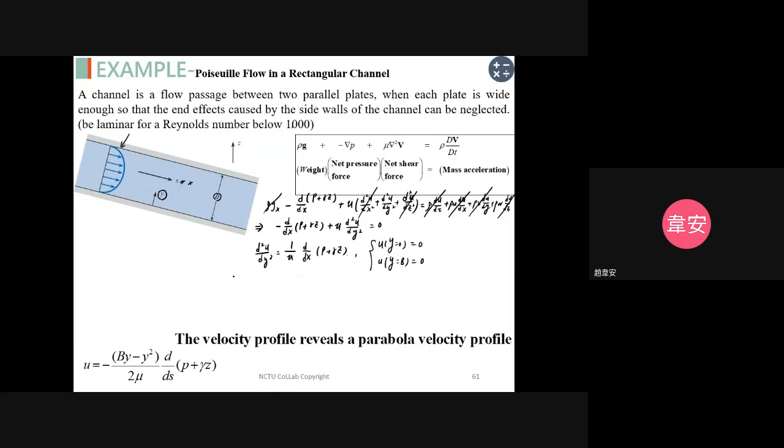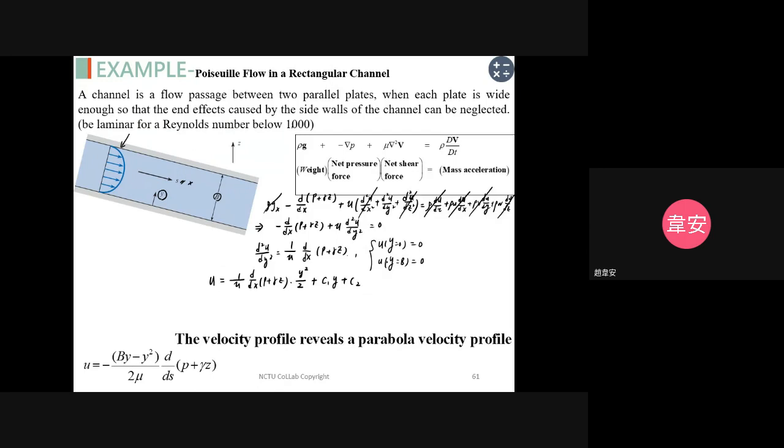And then we do the integration, and u will be equal to 1 over mu times d/dx of the piezometric pressure, times y squared over 2, plus C1 y plus C2.